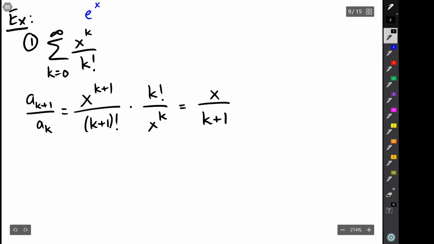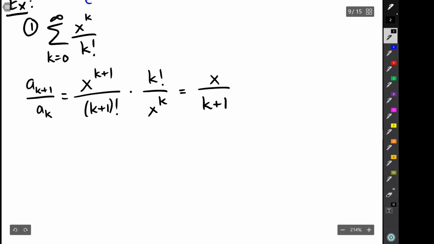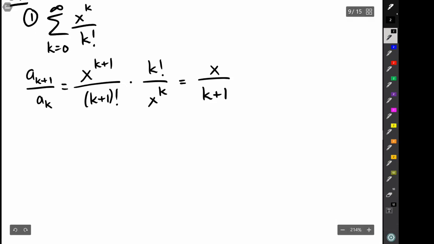Now, for the radius of convergence, we say, all right, little r, this is the little r from the ratio test. This is the limit as k goes to infinity of the absolute value of a_(k+1) over a_k.